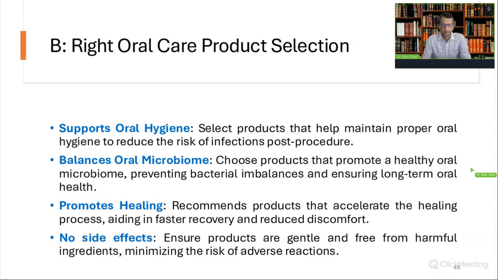Second is the right selection of oral care products. It really supports oral hygiene. Number 2, it balances the oral microbiome. As we discussed, there's bad bacteria and there's good bacteria. Both of them are present in the oral cavity. If we ask the patient to use an alcohol and chemical-based mouthwash, it will kill both the good and the bad, and as a result, you have a compromised oral cavity.